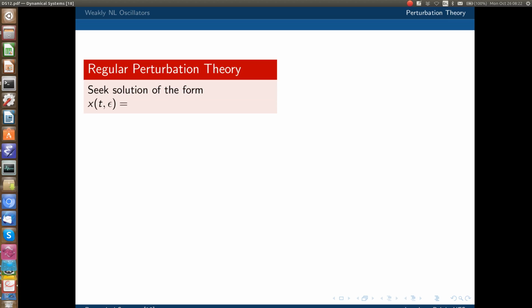So the first assumption is we say that it's x0 of t, in other words, the solution when epsilon is 0, plus epsilon x1 of t plus epsilon squared x2 of t. So it looks kind of like a Taylor series expansion, okay? But it's more than that, because the actual function you're putting in front is a function of t, okay?